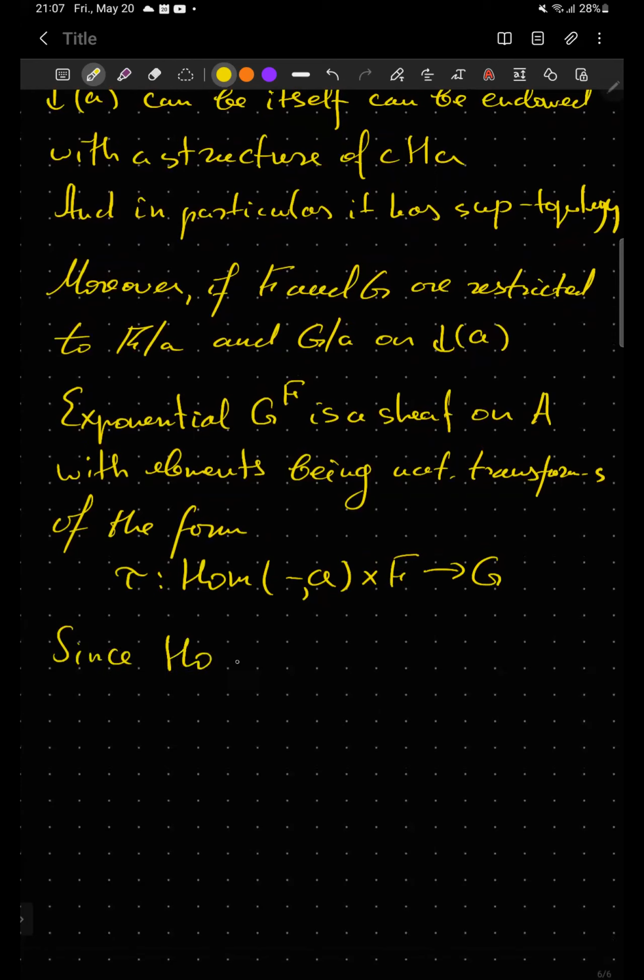since Hom(b, a) has only two options in a complete Heyting algebra.